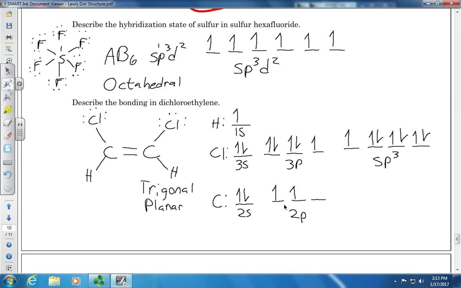AB3 yields sp2 hybridized. So we've got 1, 2, 3, and it's sp2. Okay, so filling in the electrons, we've got 1, 2, 3, and 4. So that's the basis for hybridization. Obviously, there's a lot more to it that you'll have to learn in your class. But when addressing hybridized states and trying to describe them in their most simple terms, this should be sufficient.